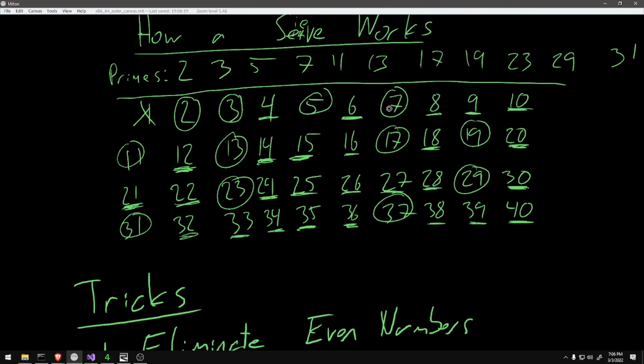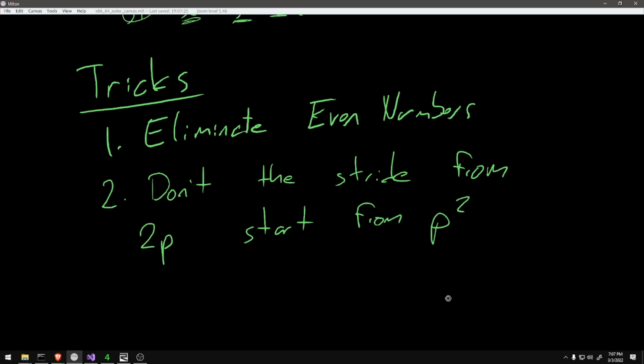But if you go to the next multiple, 3 times 17, that'll also be marked because 3's have already been marked, and 5 times 17 will already be marked, and 7 times 17 will already be marked. So you don't have to start marking things off the table until 17 times 17. That's the first possible number bigger than 17 that's a multiple of 17 and isn't already marked. So those two optimizations make this just a little bit tighter and a little faster. So we'll be using those whenever we implement this too.